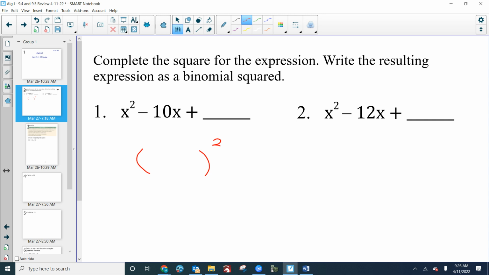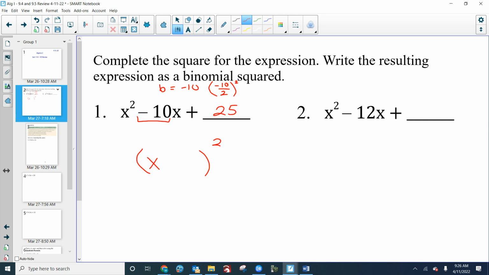No. All right. So remember, we're going to take the b term, which is -10. We're going to divide it by 2, and then we're going to square it. -5 squared. It's going to be positive. What is it? 25. But what goes in the binomial?